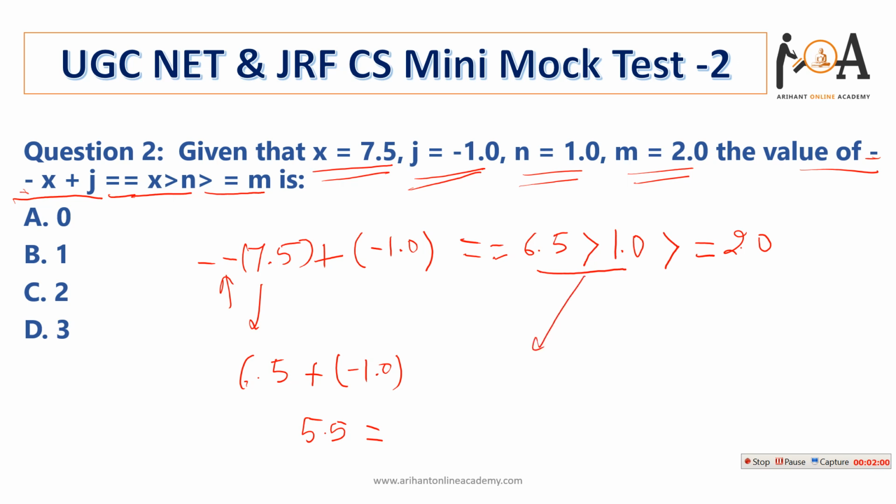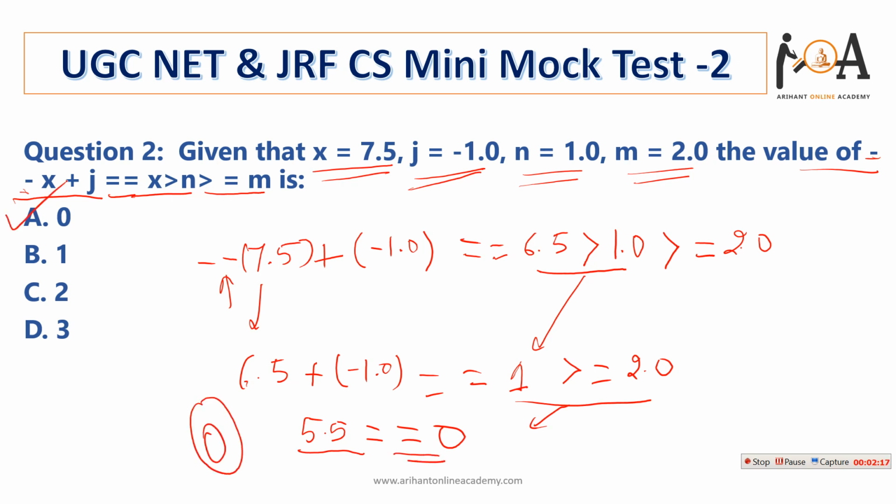Is it true or false? So it is true, so it would be like 1. Should be greater than or equals to 2.0. 1 is greater than or equals to 2.0. It is false, equals 0. 5.5 equals 0, true or false? It is false, so I will write 0. So option A is the correct answer, guys.